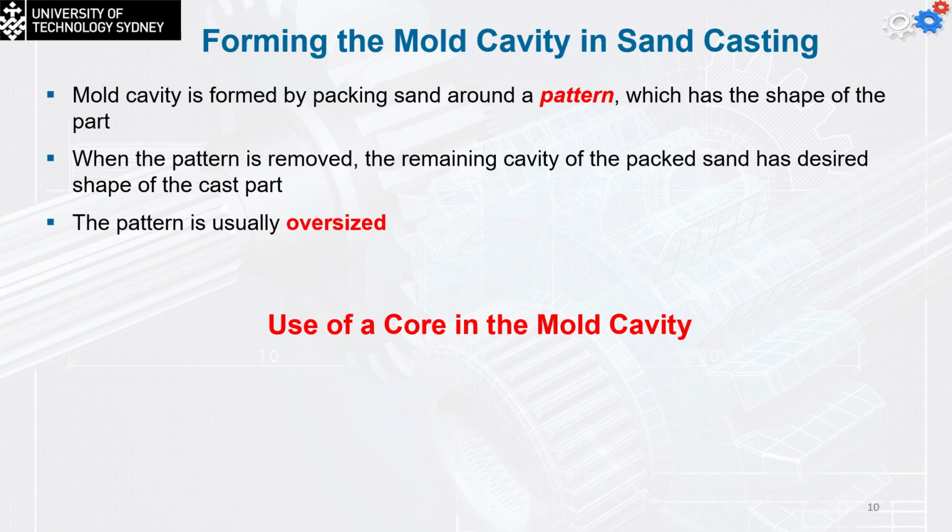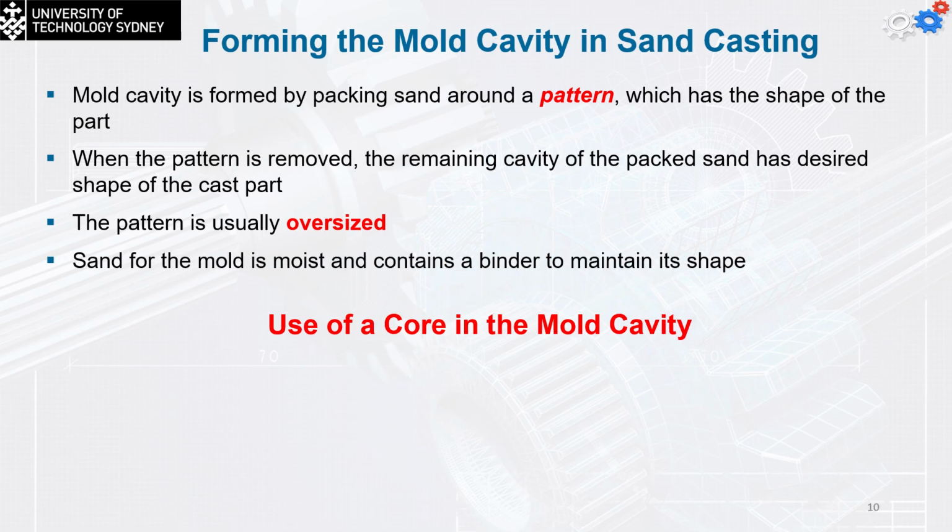The pattern is usually going to be oversized because we said we're going to consider the reduction in this volume due to the shrinkage later. The sand for the mold is moist and contains a binder to maintain the shape. Otherwise, if it's going to be dry sand, definitely it is going to collapse immediately.